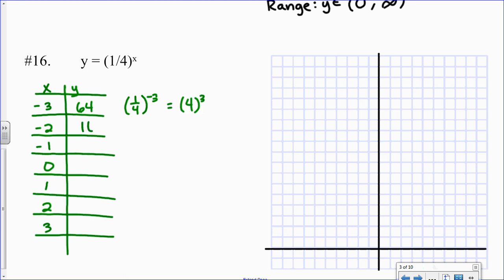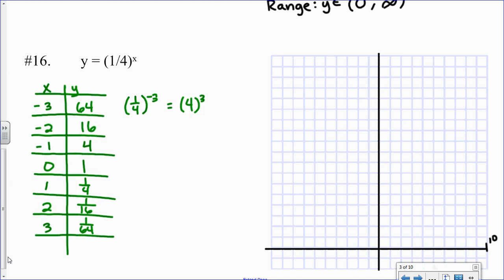Okay, -2 would be 16. -1 would be 4. Again, you still have 0, 1. Okay, 1/4, 1/16, 1/64. All right, so I will graph all of these.